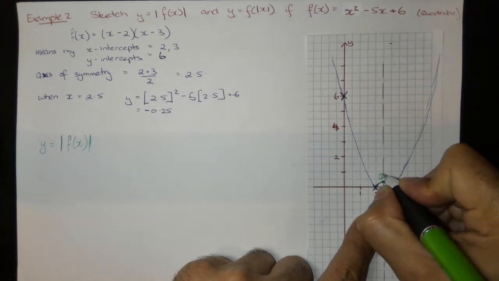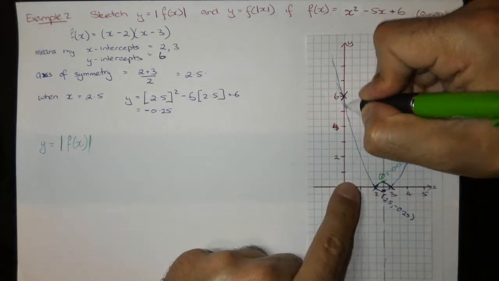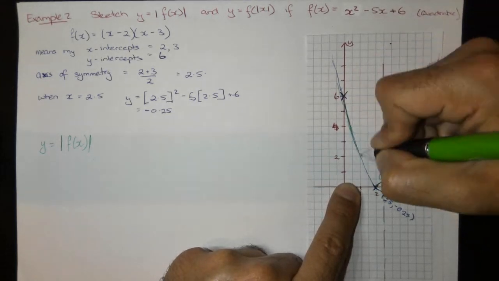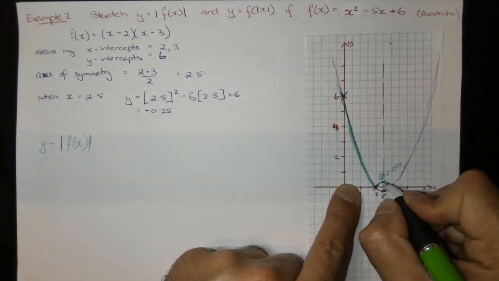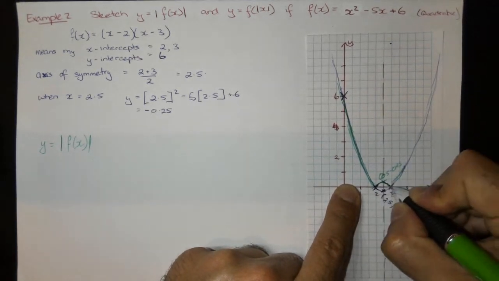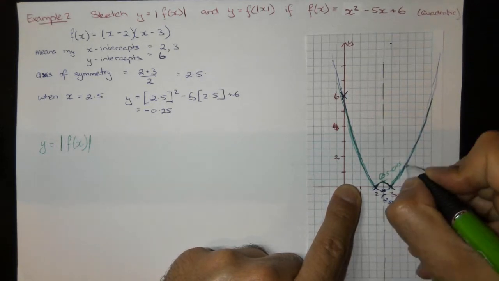So 2.5, 0.25. And this green function now, that looks like a W, is going to be my absolute function.